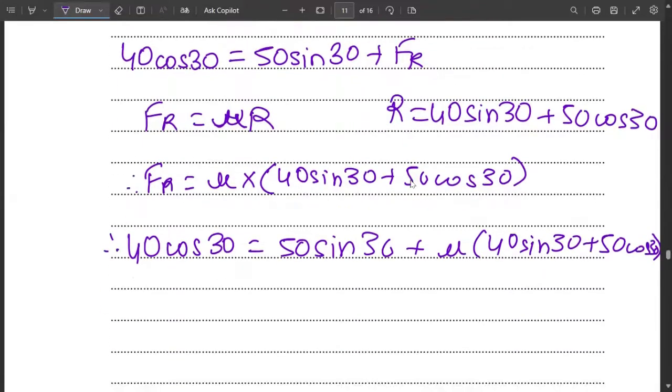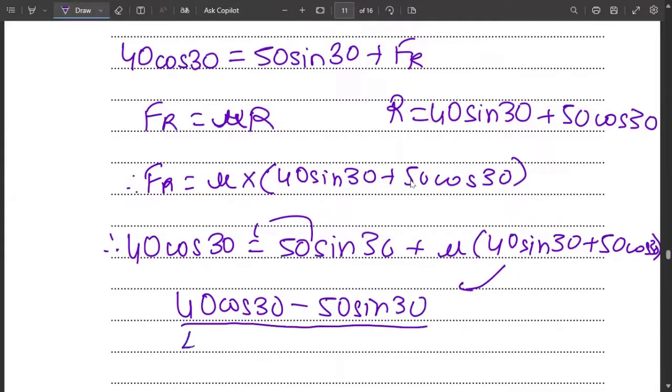Now, doing some simple mathematics, 40 cos 30, taking this to the left, minus 50 sin 30, then taking this down to divide upon 40 sin 30 plus 50 cos 30, is equal to mu.